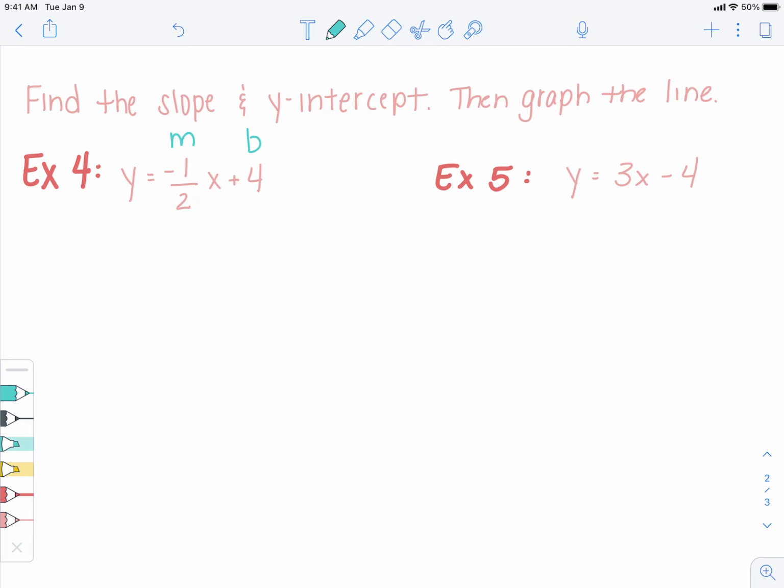And remember, my m is my slope. So in this situation, my slope is negative 1/2. And my b is my y-intercept. And in this situation, my y-intercept is 4.